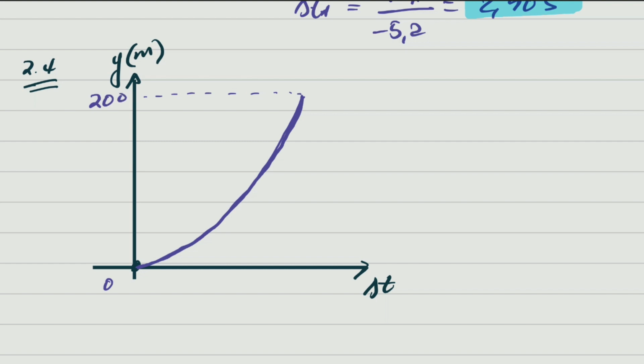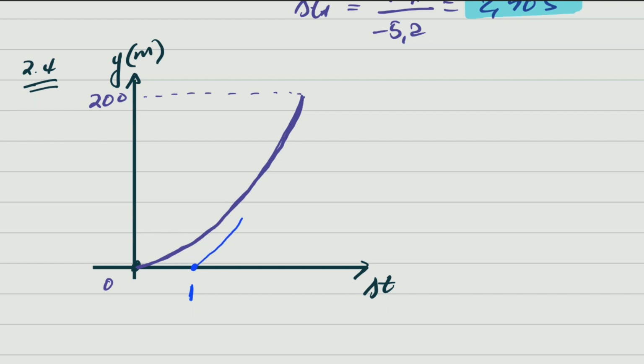Okay, now what we need to know is that the balls are going to meet somewhere. Ball B is going to be released 1 second later. So this is 1 second later, and ball B, because it has a greater velocity, will reach the surface of the water before the other one.